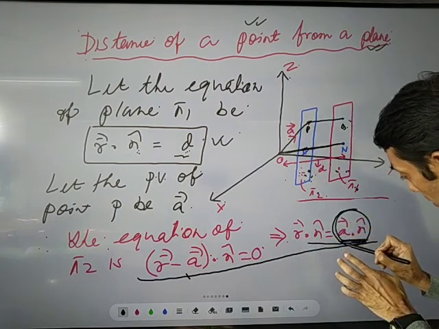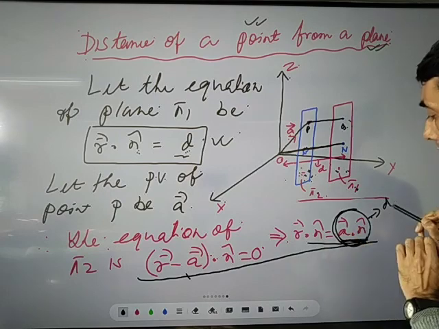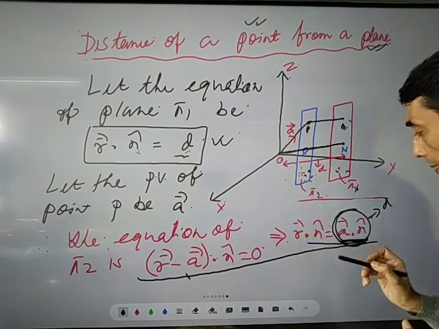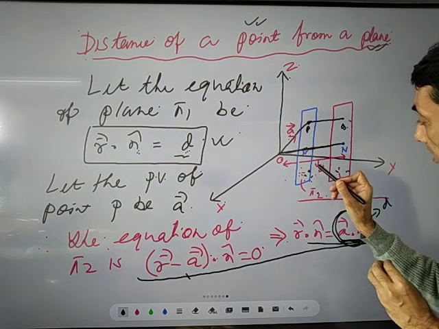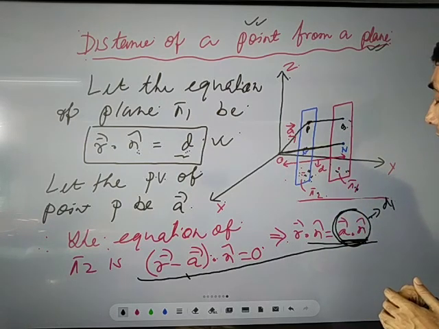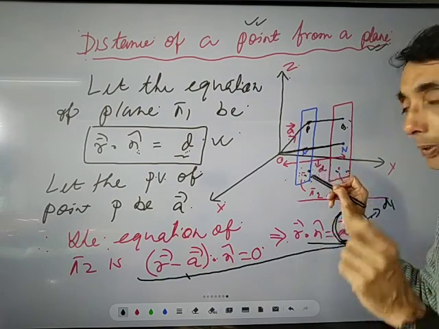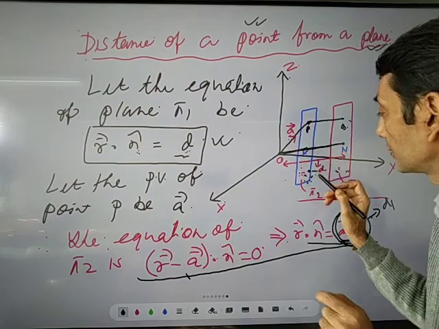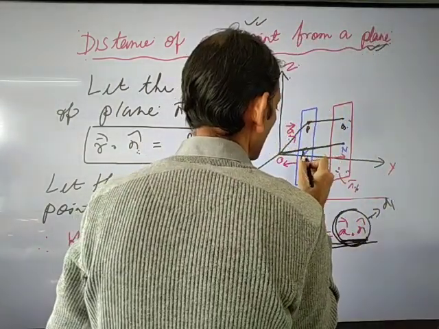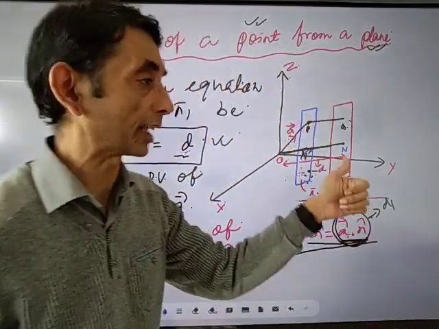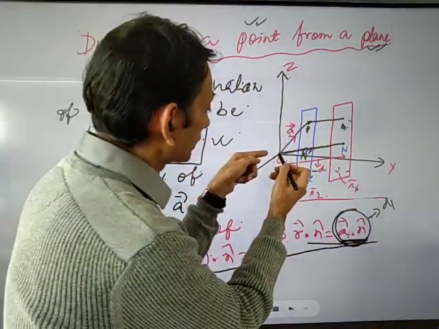This is similar to d, because we have expressed the equation in normal form. So you can consider this as d1, the perpendicular distance of pi 2 from the origin, denoted by n dash. So O n dash is given by vector a dot n cap.